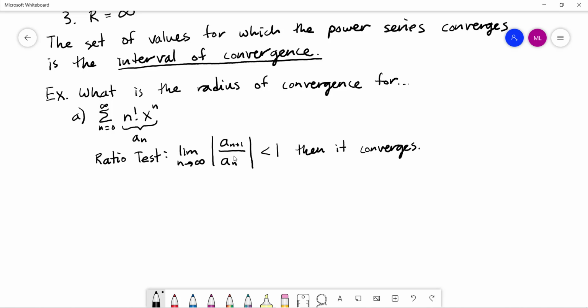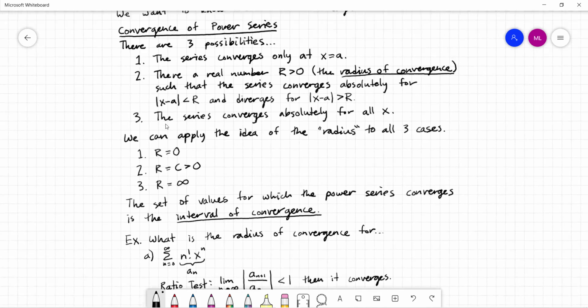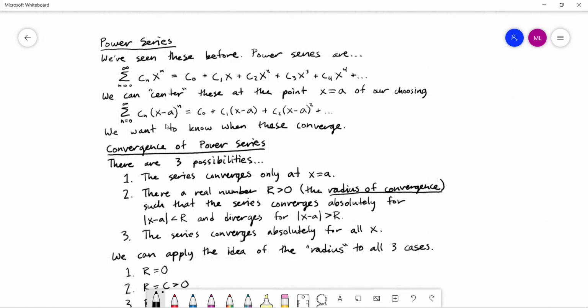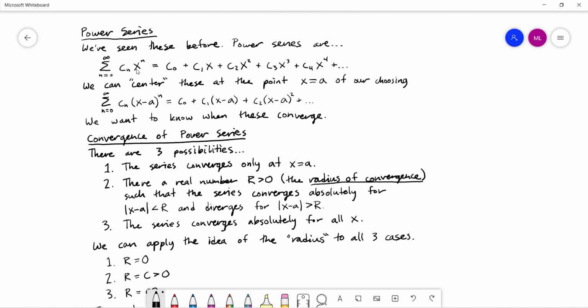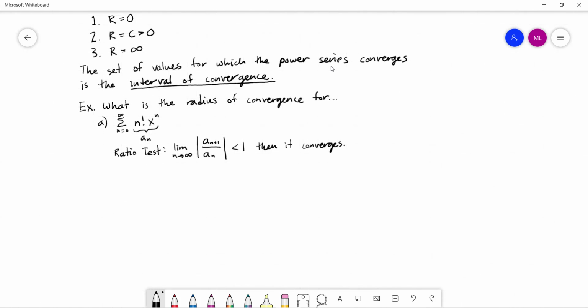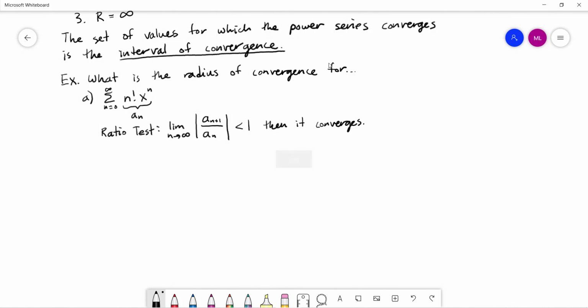So keep that in mind. I do want to point out the difference, because maybe this wasn't clear. These power series look like stuff that we've been talking about, but I want to make it really clear. We have an x in all of these. In the other series that we've been looking at up to this point, we've pretty much only had an n show up in here, right? It's some function of n. And when we did the integral test or certain comparison tests, we then maybe compared it to a function that had an x in it.